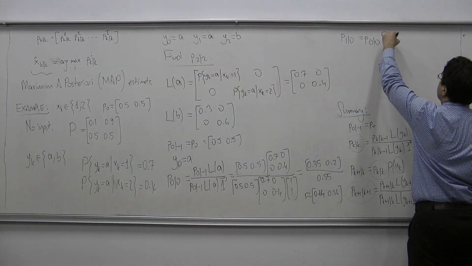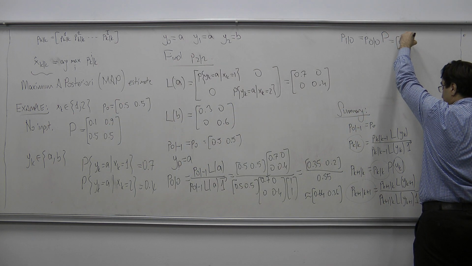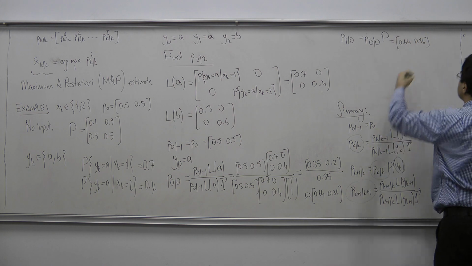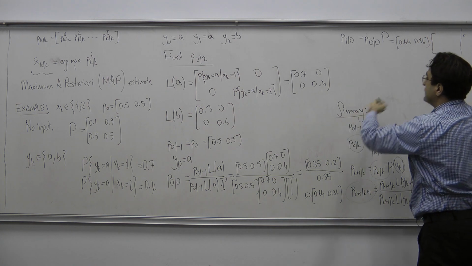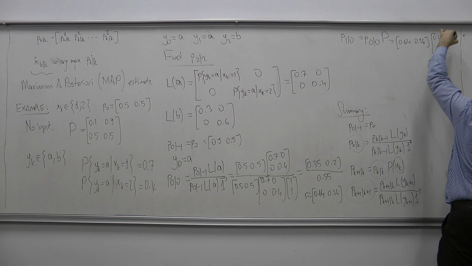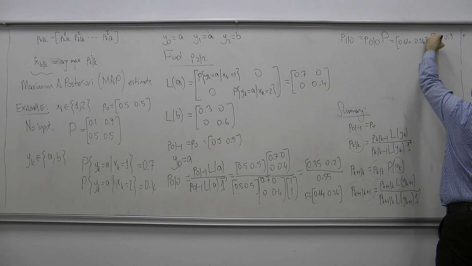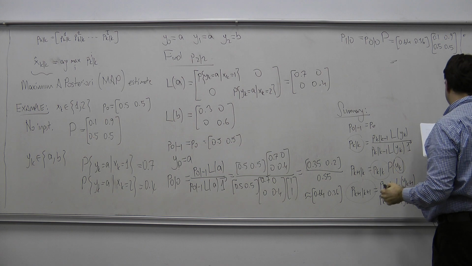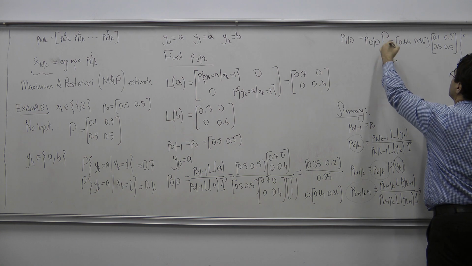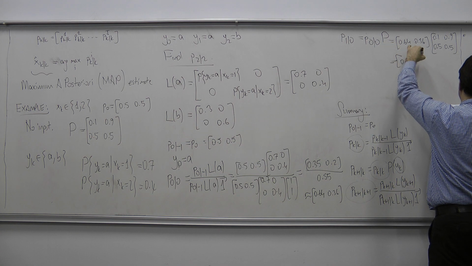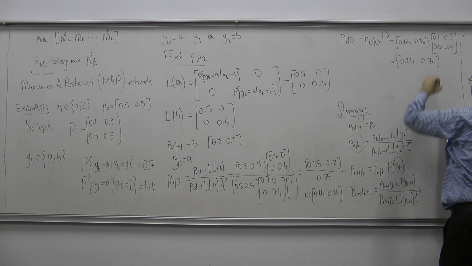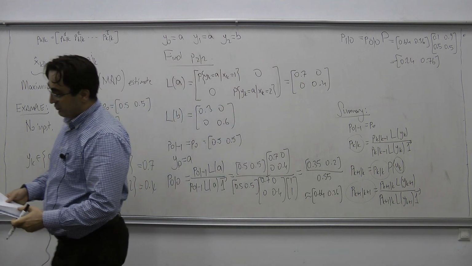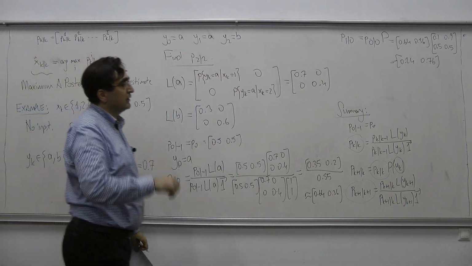So I have a fixed transition probability matrix. And that is going to be 0.64, 0.36 times the transition probability matrix 0.1, 0.9, 0.5, 0.5. If you do this multiplication, you are going to get 0.24, 0.76. This is why I will allow you to use a calculator in the exam.